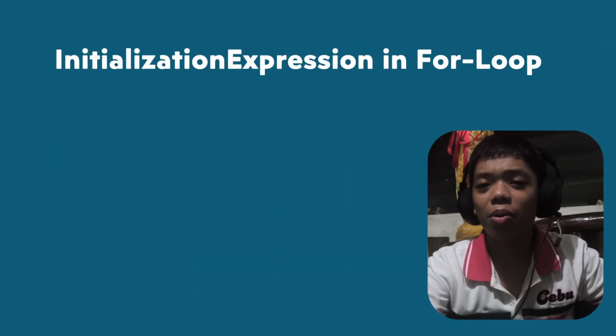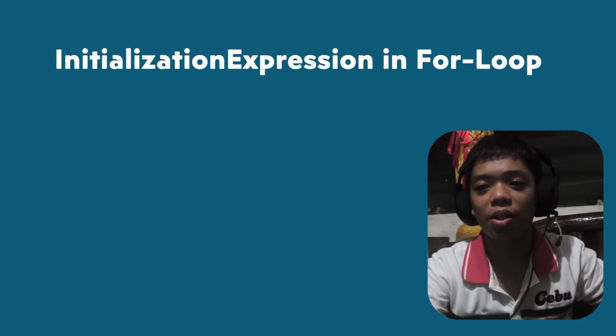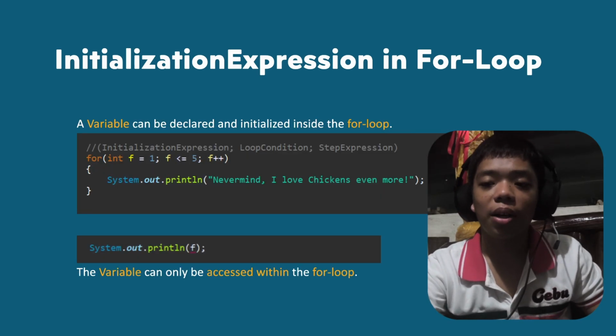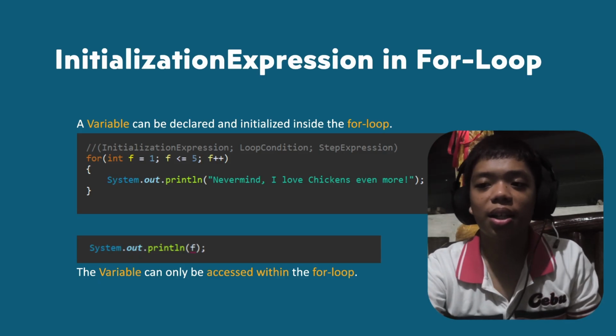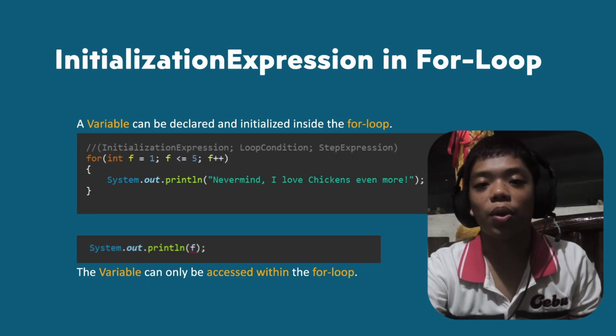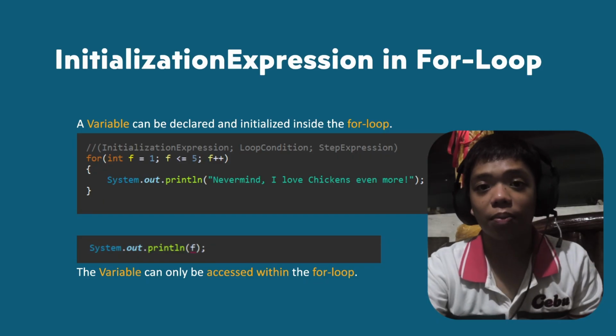So let's talk more about the initialization expression part of the for loop. As we talked about earlier, a variable can be declared and initialized inside of the for loop itself, such as in this example, where int f equals 1 is created inside of the for loop. But here's a problem, okay?